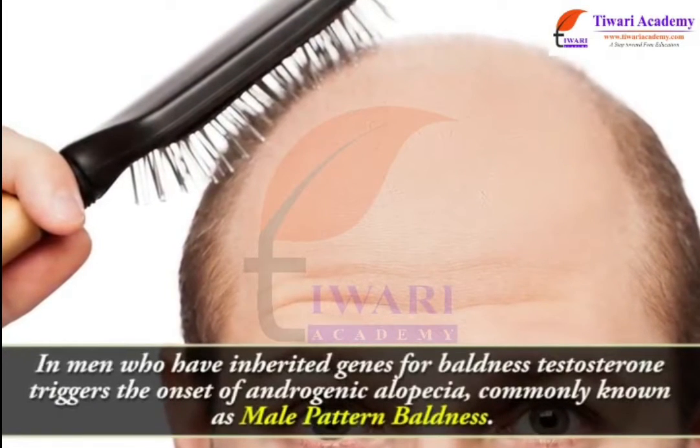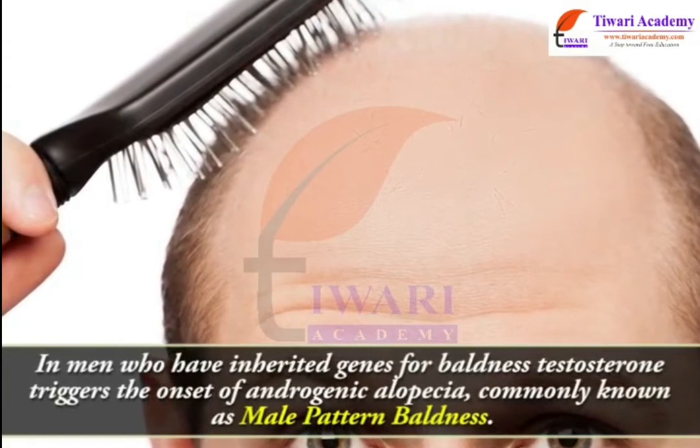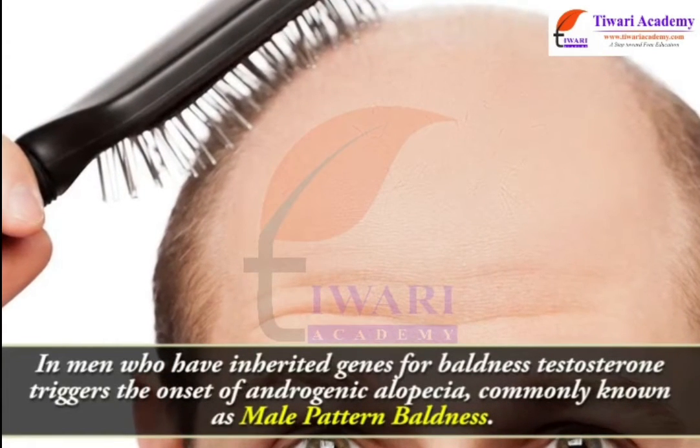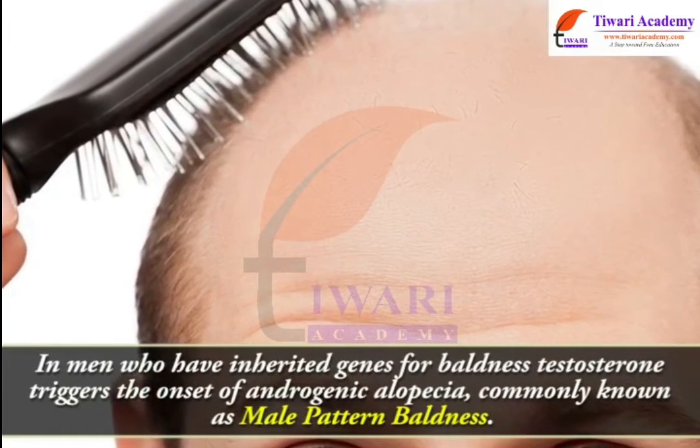In men who have inherited genes for baldness, testosterone triggers the onset of androgenic alopecia, commonly known as male pattern baldness.